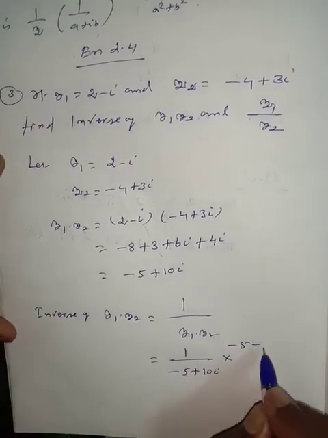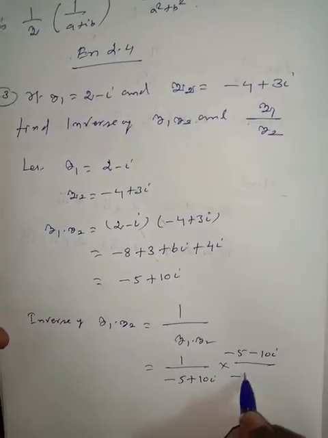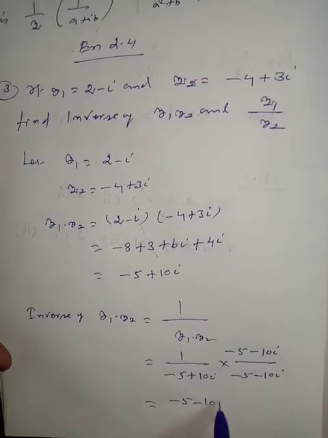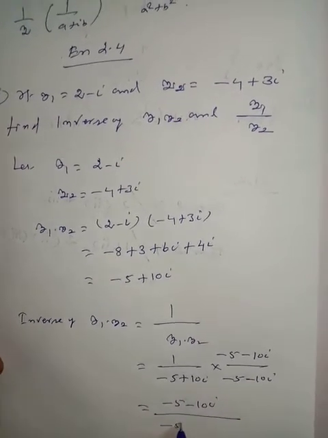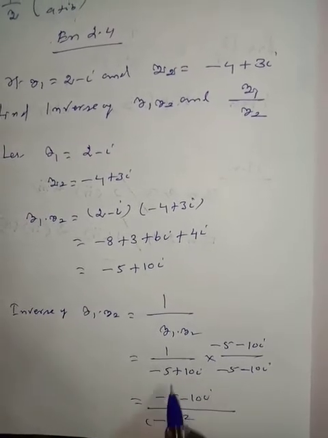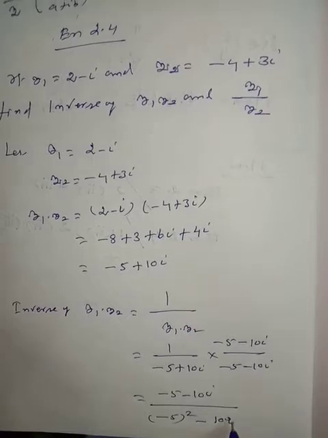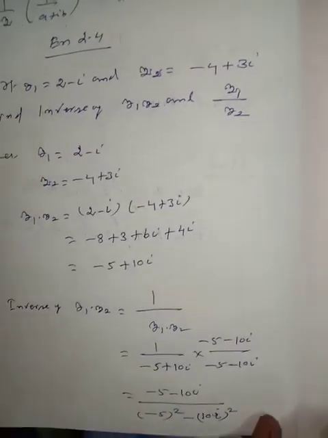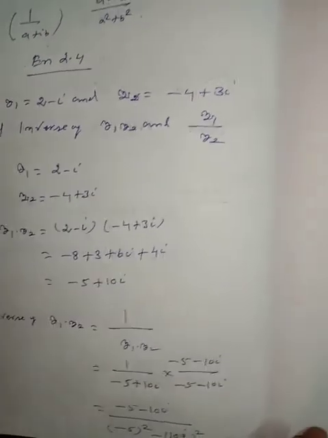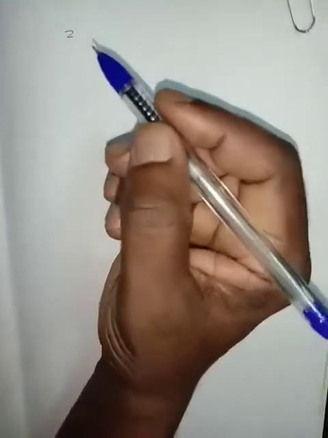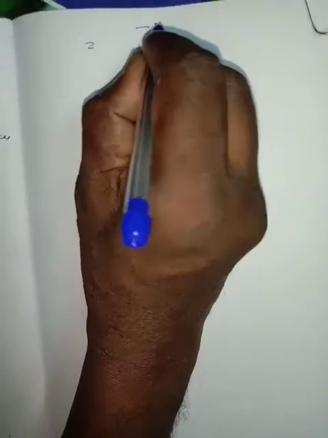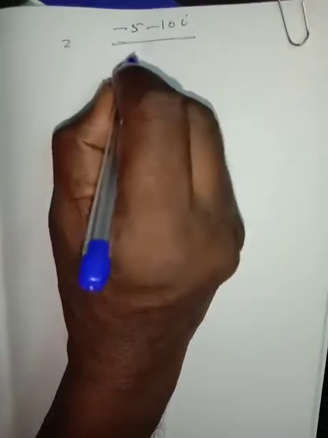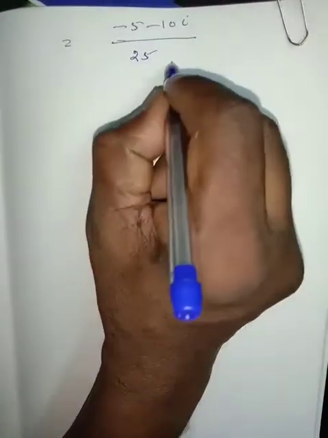So minus 5 minus 10i divided by minus 5 minus 10i. 1 into minus 5 minus 10i divided by minus 5 whole square minus 10i whole square. a plus b into a minus b is a square minus b square, so 25 minus 100 i square.